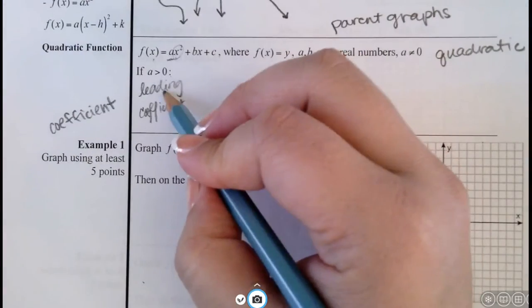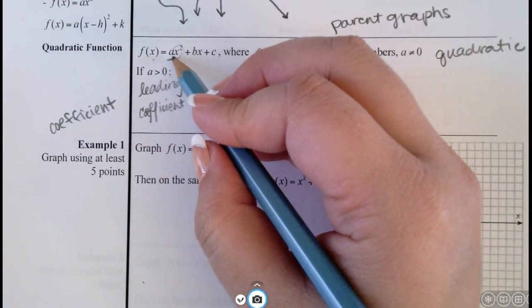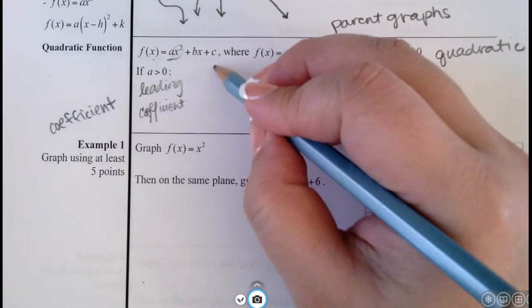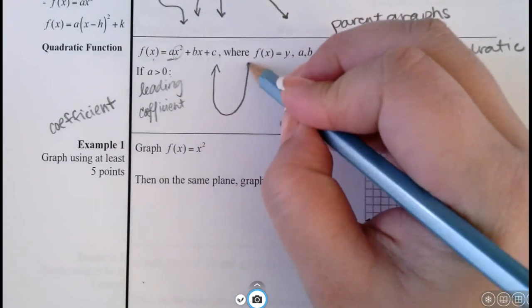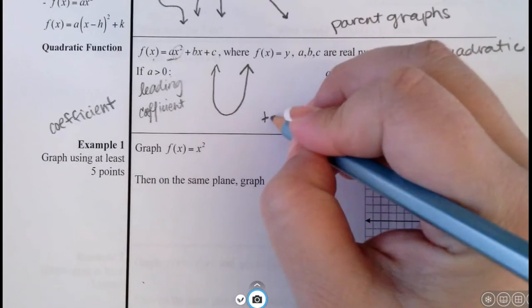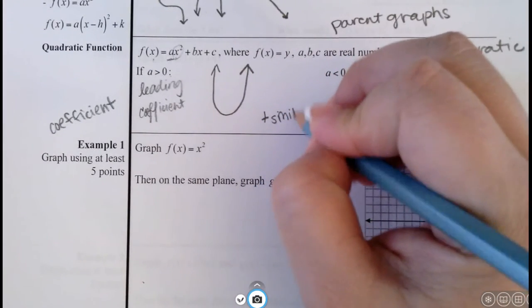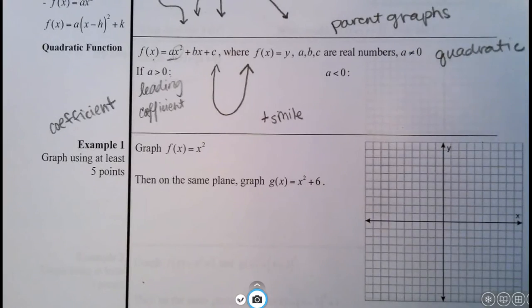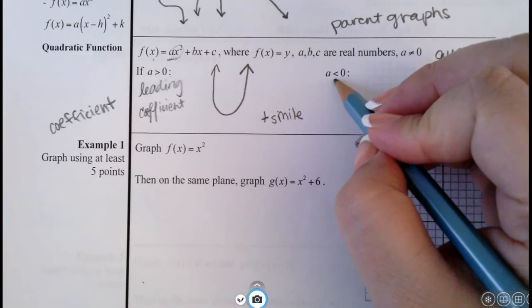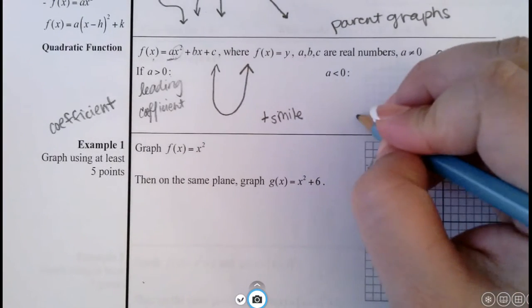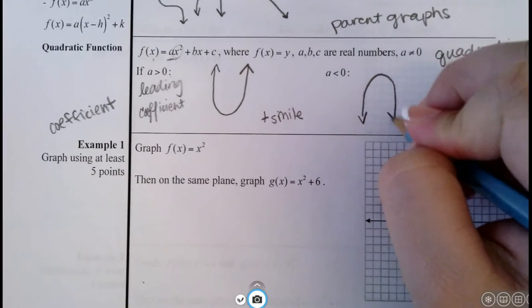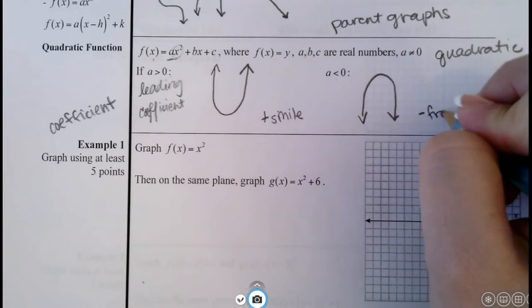If a is positive, our leading coefficient is positive, then our parabola opens upward. Positive like a smile. If our leading coefficient is negative, it's less than 0, then it opens downward, negative like a frown.